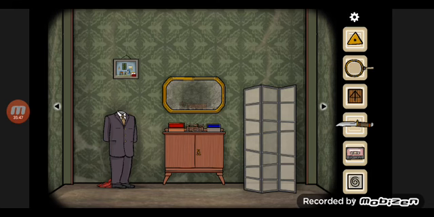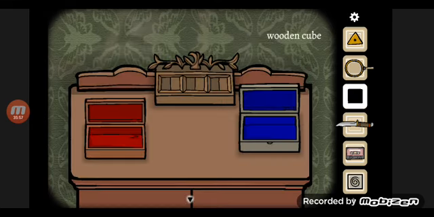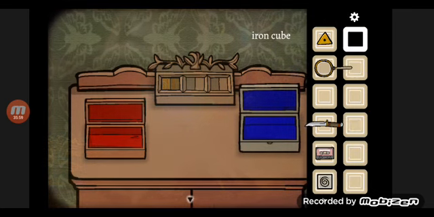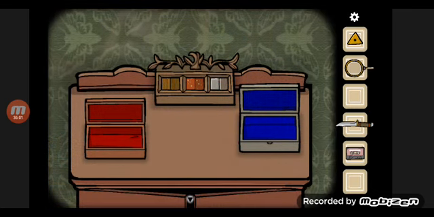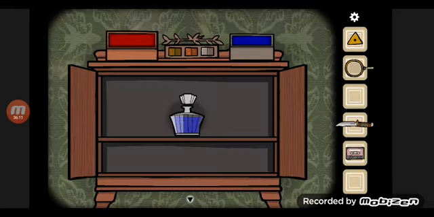Now let's place the assembled cubes into the grooves on the chest of drawers. And turn our gaze to the locker and take away the blue vial.